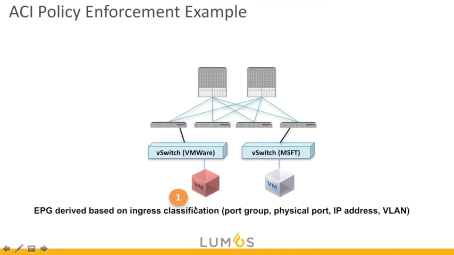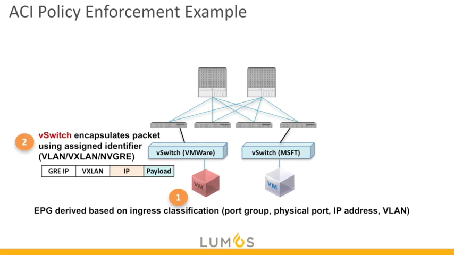So, an enforcement example. A packet gets sent from a VM, and the EPG is derived from the ingress classification. Typically, that means VLAN or port group in VMware, which is mapped to a VLAN, but it could also be a physical port, could be IP address, could be an attribute of the VM itself, depending on how it's configured. The vSwitch encapsulates the packet.